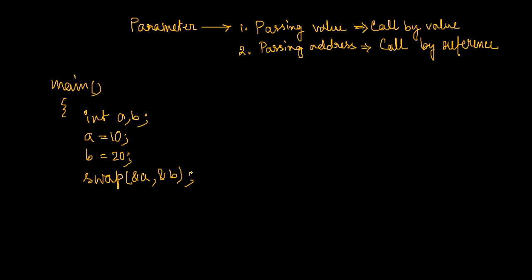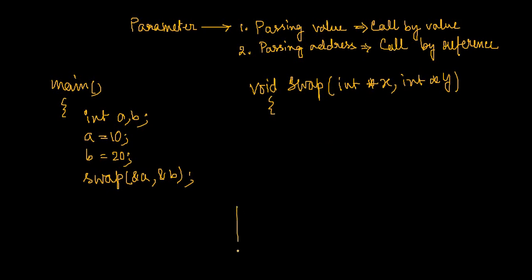Fine. And on your side, you have again this void function, void swap. On your side, you have to store these addresses in your variables, but an address cannot be stored in a simple variable. That means you need a pointer. So if you declare two pointers on your side, say int pointer x and int pointer y, then what's happening?